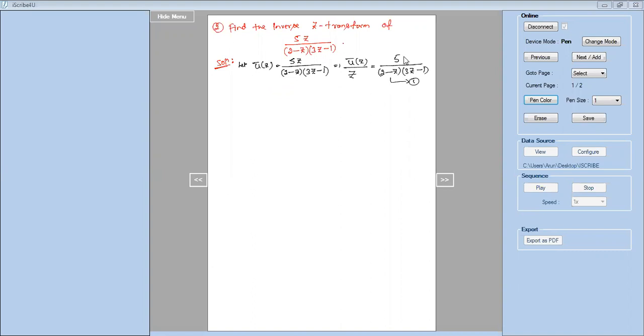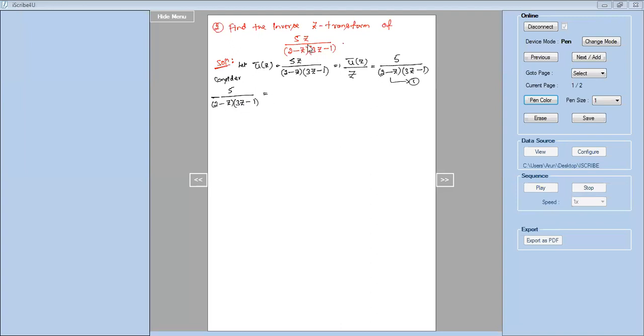Now, as usual, we consider the right hand side and we resolve it into a partial fraction. So consider this 5 divided by 2 minus z into 3z minus 1. See, this is linear, non-repeated.